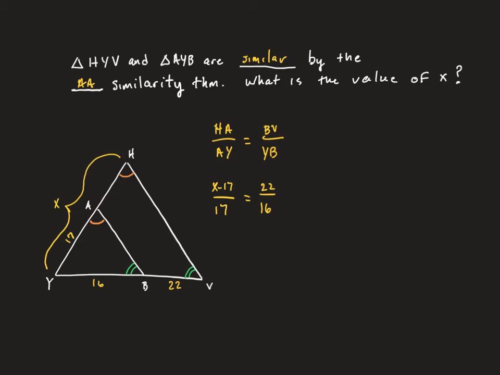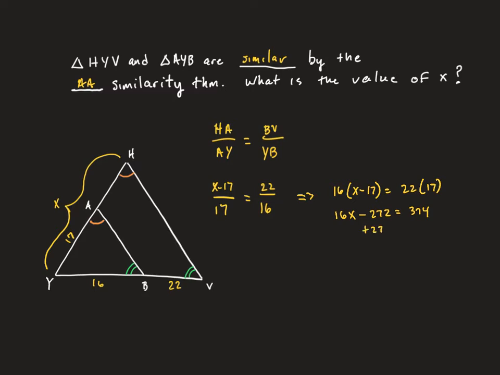And I'm going to go ahead and do my cross multiplying here. I'm going to end up with 16 times X minus 17 equals 22 times 17. That's going to be 16X minus 272 equals 374.